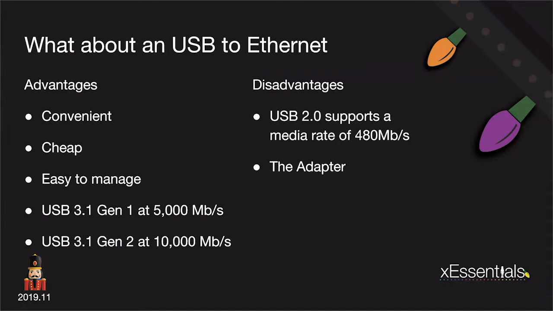They may say gigabit, or they may say 100 megabit, but they don't necessarily operate at that. So that's one of the disadvantages. And if your computer only has a USB 2.0, the max rate that it's going to support is 480 megabits per second. The Gen 1, Gen 2, 3.1s, which are the blue ports that you see, and the red ports, those go at 5,000, 10,000, so way past what they support.